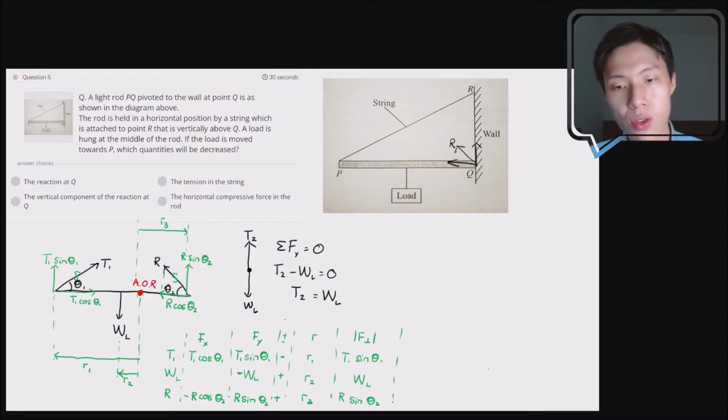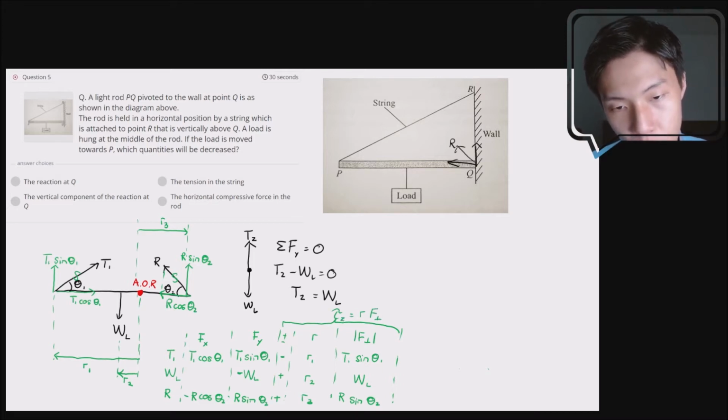Okay, so once we know that already, we know that this portion here will be the torque, because torque equals to r f perpendicular. Okay, if you assign component z, then you can put in the plus minus in front. Plus minus, the z here is showing that it's a z component, so if it's anti-clockwise, then it's a positive z direction.